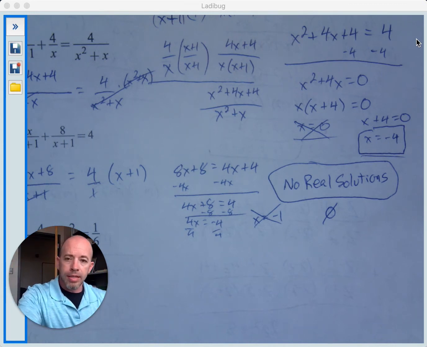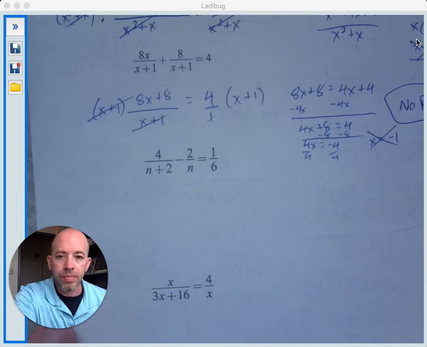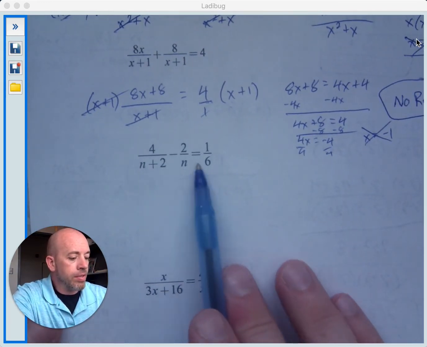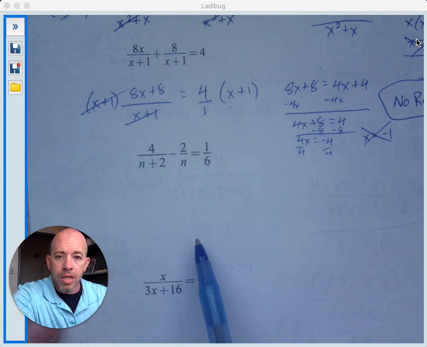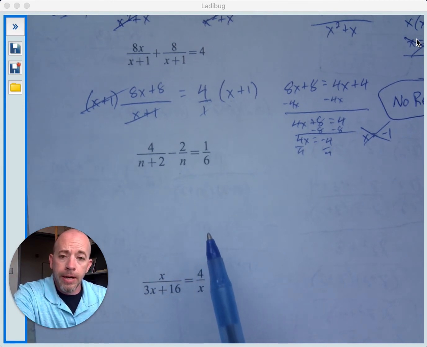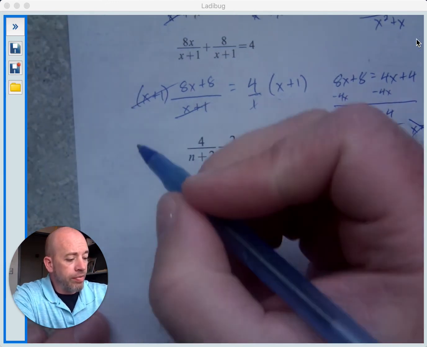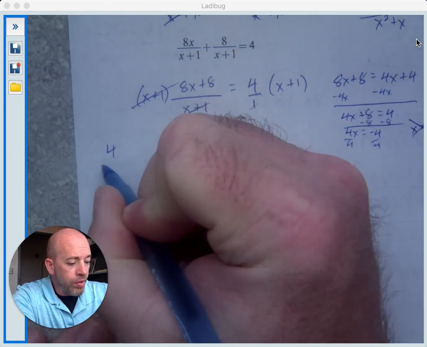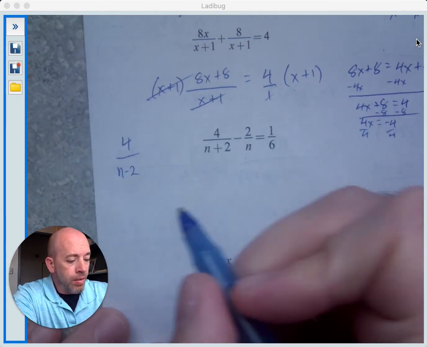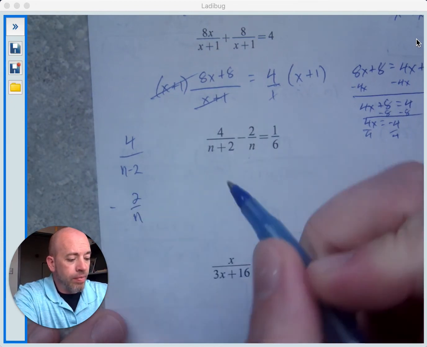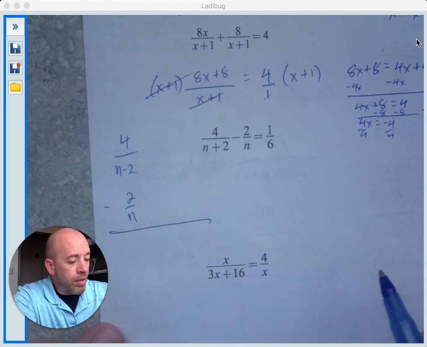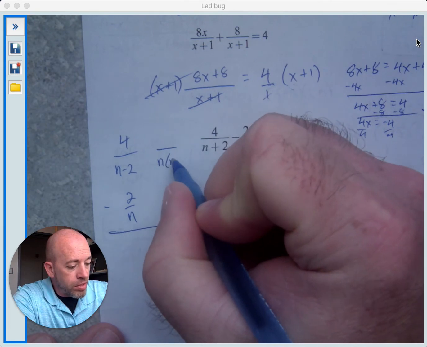All right, let's look at the next one. All right, so we have this going on, right? So I'm going to go ahead and perform this operation on the left. So 4 over n minus 2, minus 2 over n. Common denominator would be n times n minus 2, right?